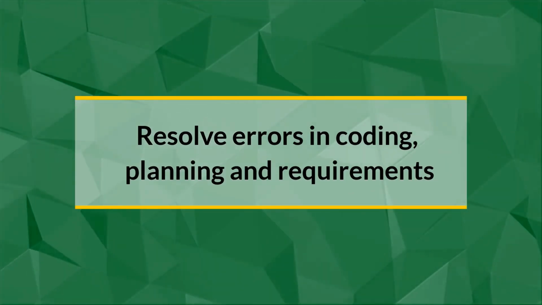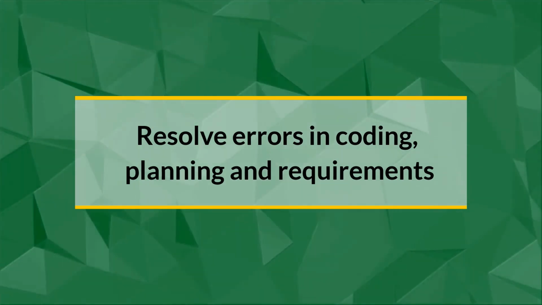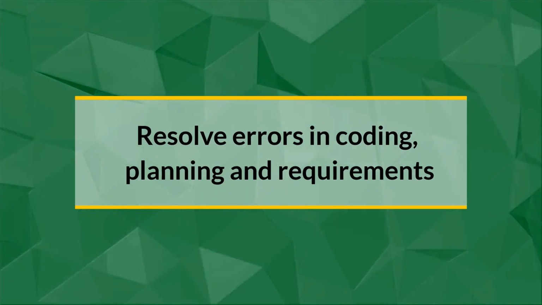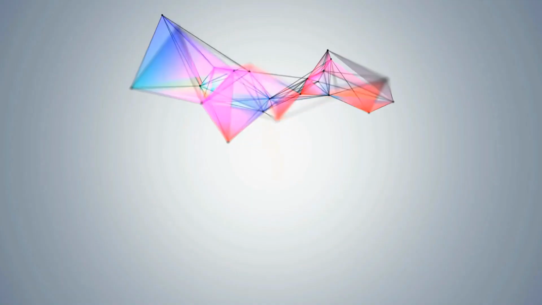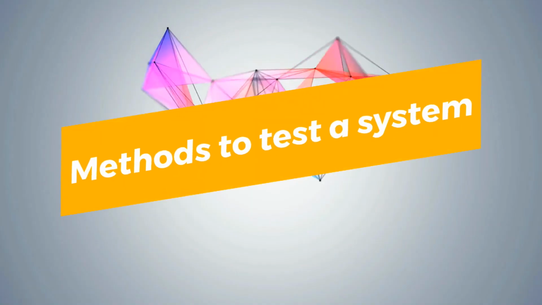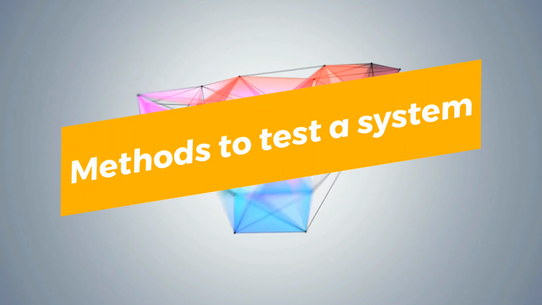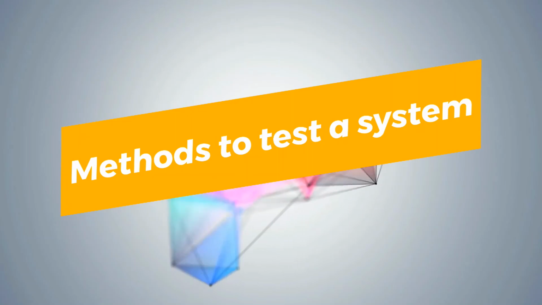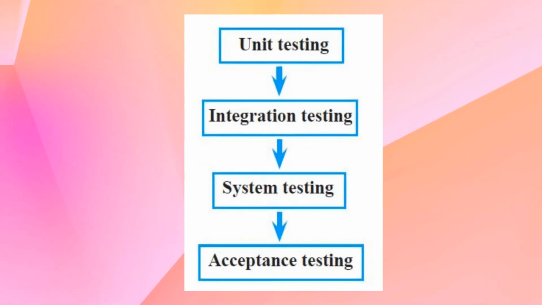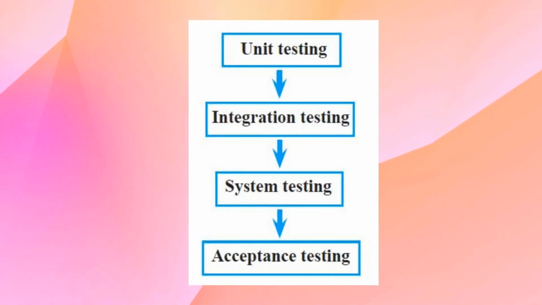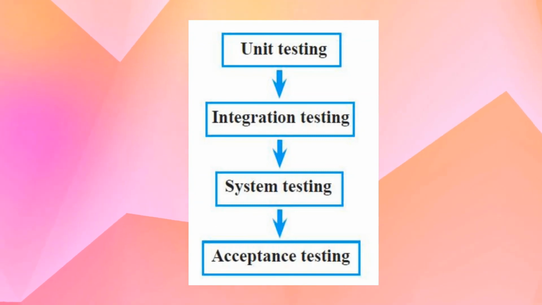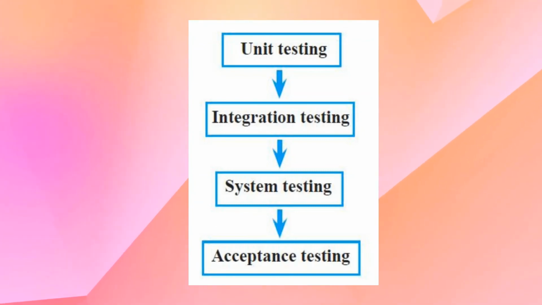That is, resolve errors in coding, planning, and requirements. Let's look at the methods to test a system. The methods include unit testing, integration testing, system testing, and acceptance testing.